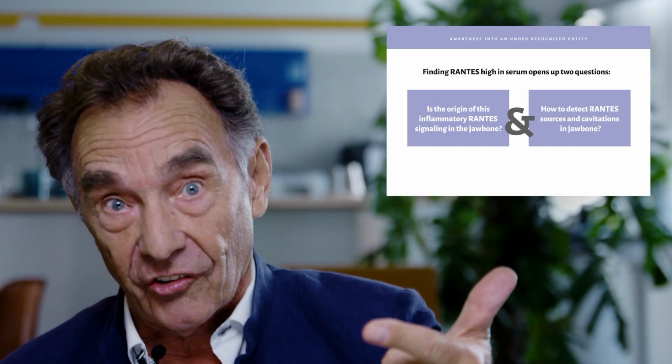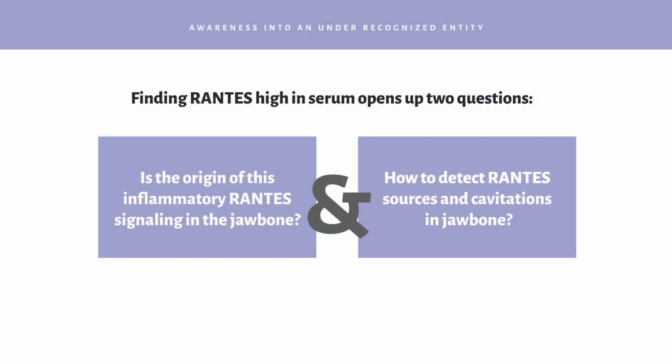The next question is: finding RANTES high in serum opens up two questions. Is the origin of this inflammatory RANTES signaling in the jawbone? And second, how to detect RANTES sources and cavitations in the jawbone?